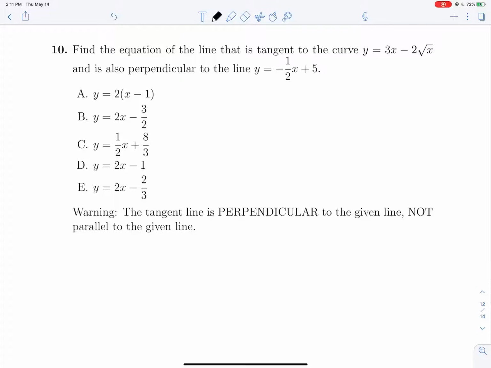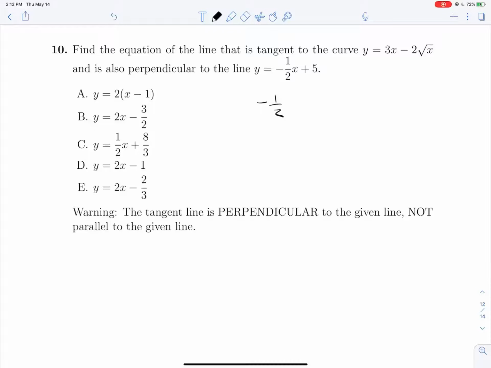Question 10, find the equation of the line tangent to that curve and perpendicular to this curve. Usually they ask this question and they want something tangent to a curve and parallel to a curve, so we have to take that into account. What is the slope of the line perpendicular to this curve? Well, this line's slope is -1/2.